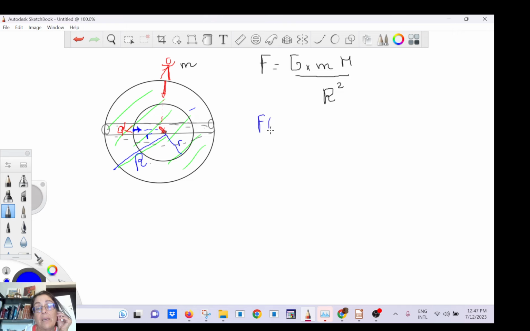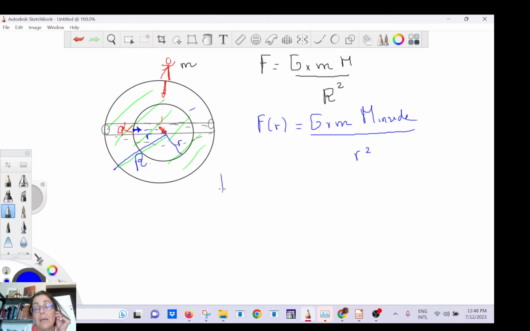So F at that distance r will be G, so you have the same mass. Now it depends on the mass of that cut out sphere here. So that's going to be the mass inside over r squared. But that mass inside has a volume that depends on r, right?